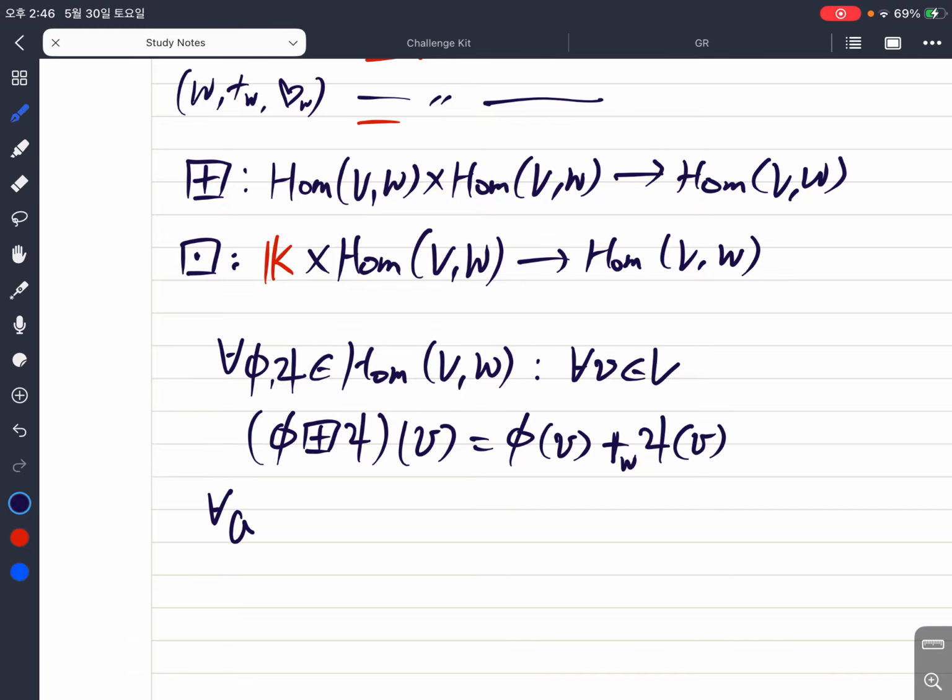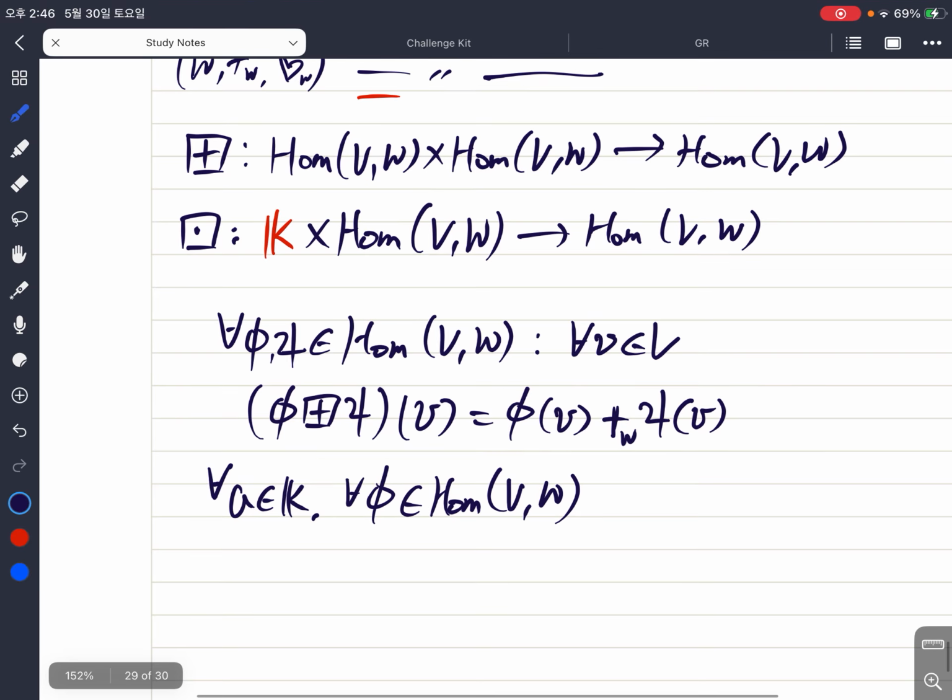Similarly, for a in K and for phi in Hom(V, W), we can define a times phi.